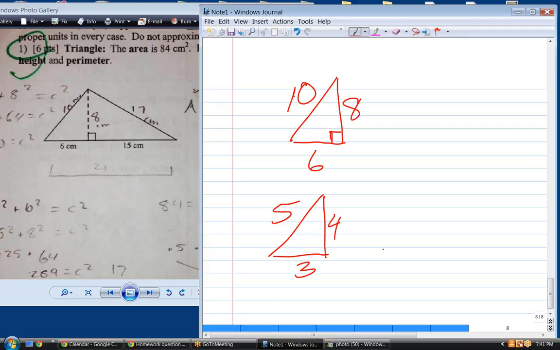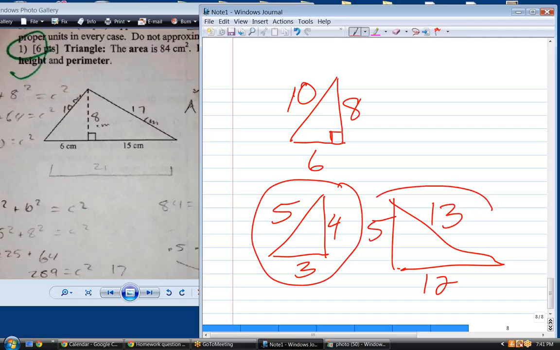And another is the 5, 12, 13 right triangle. Those are the first two Pythagorean triangles. By the first two, I mean the smallest two. You won't find one that has smaller whole numbers than these.